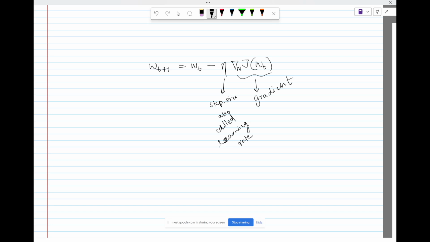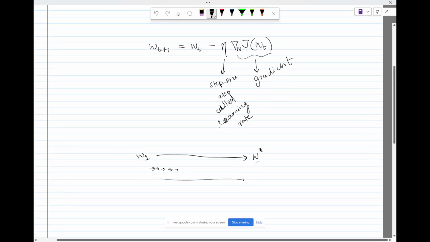When the change is very small, if you start from some W1 and your optimal parameters are W star, and you take very small steps towards your W star, it will take a long time. That means your learning rate is very low. If your learning rate is very high, you may miss this W star.